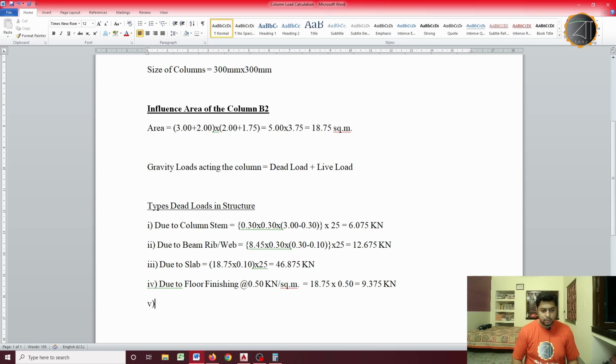Next and last one, due to the brickwork, so the length of the brickwork will be same as that of the length of the beam web, because we place the brickwork only on the beam. So, whatever is the length available within the influence area for the beam rib, that will be the length of the wall also.